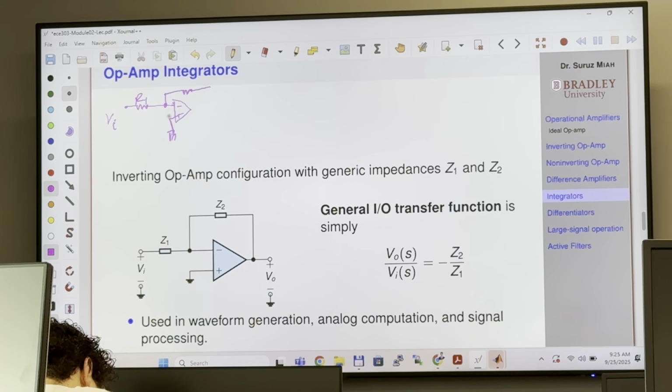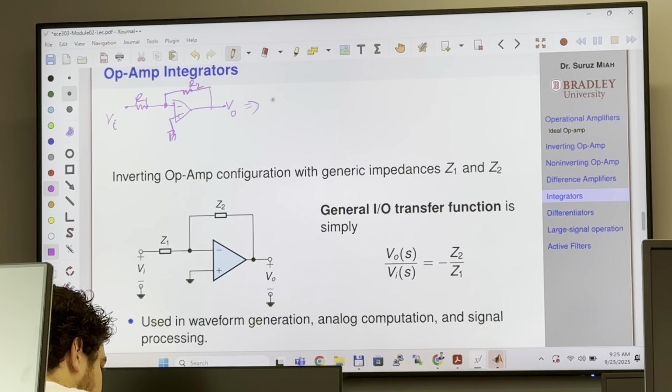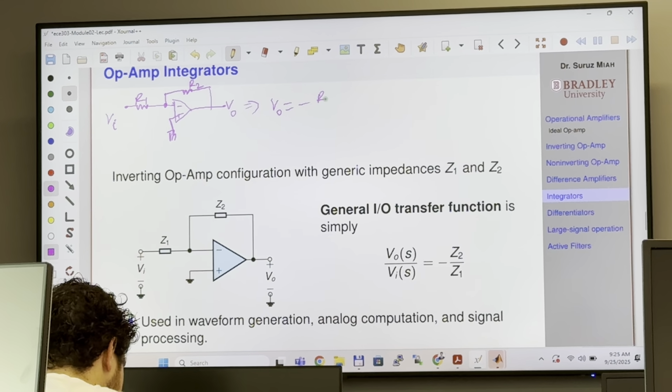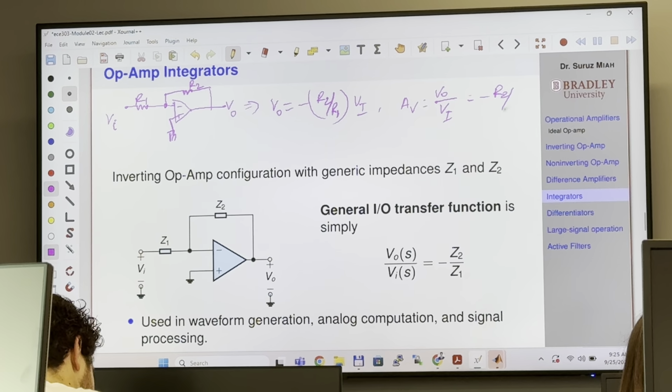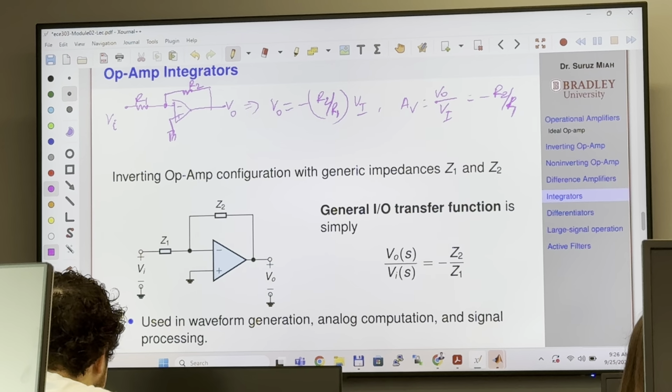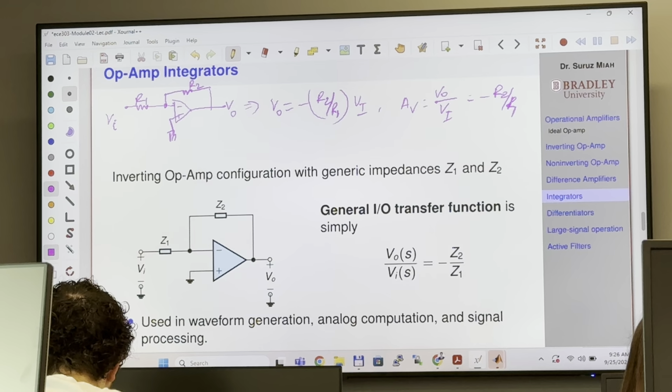The inverting terminal is connected to the output terminal Vout through R2. And we said that Vout is simply negative R2 over R1 times VI. In other words, the voltage gain, Vout over Vi, is basically negative R2 over R1. Now, instead of R1, R2, we are going to put generic impedances, which means Z2 over Z1.